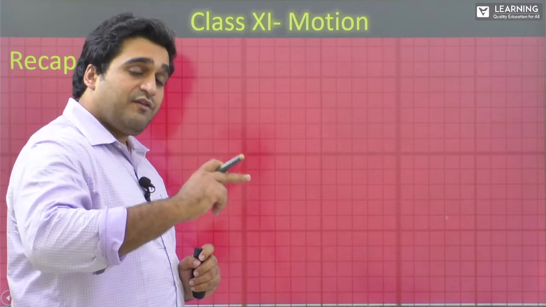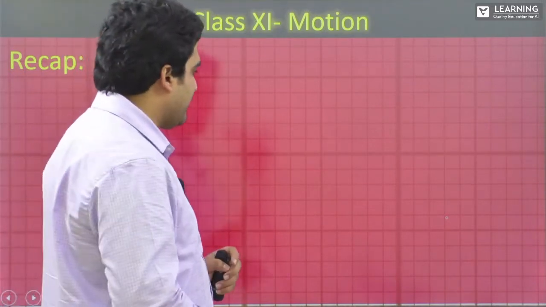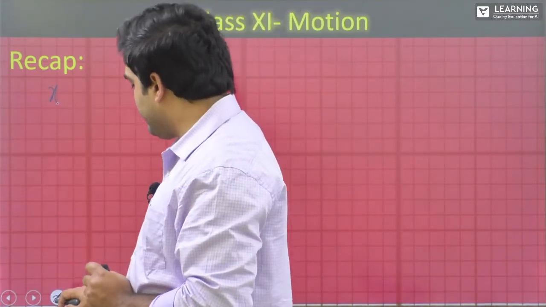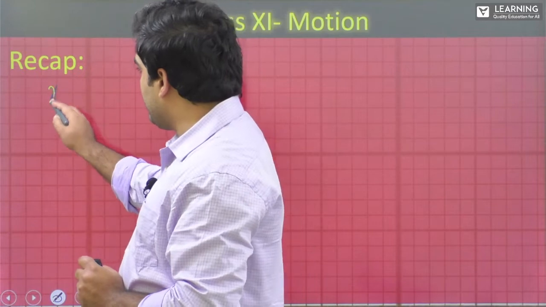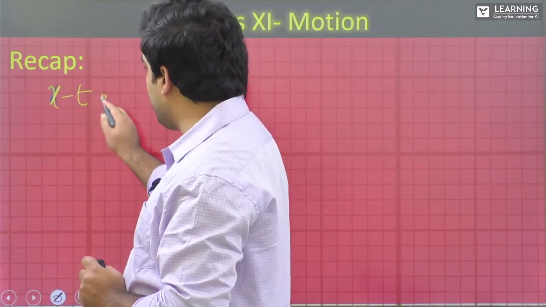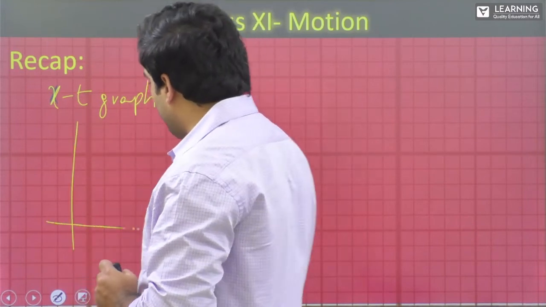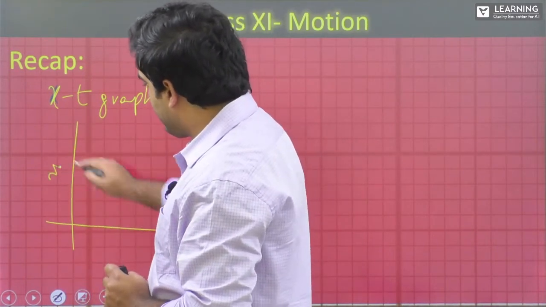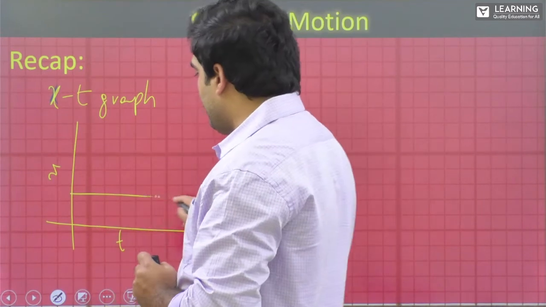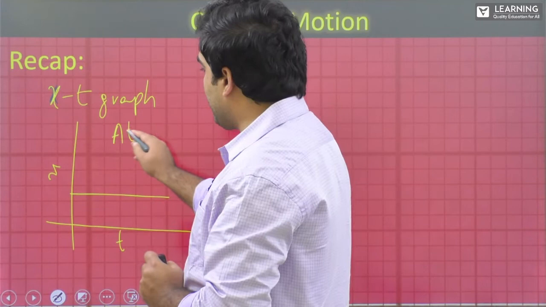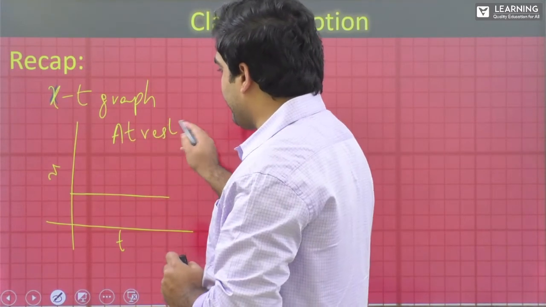So let us do a quick recap from the beginning of XT graph, VT graph, and an AT graph. In case of an XT graph, we discussed three different types of graph. One, where the line was parallel to the time axis. This is for an object at rest.